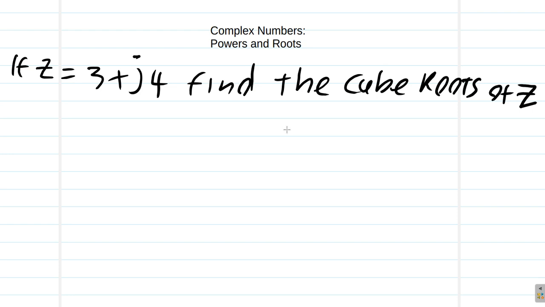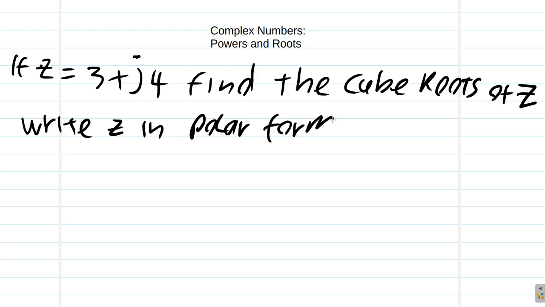Okay, so you've done that. You found the 3 cube roots of z. So let's go. We use De Moivre's theorem. Here we're going to write z in polar form.